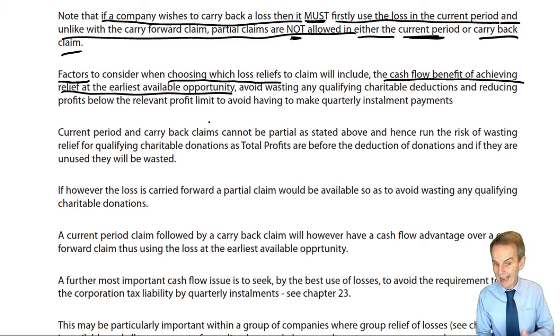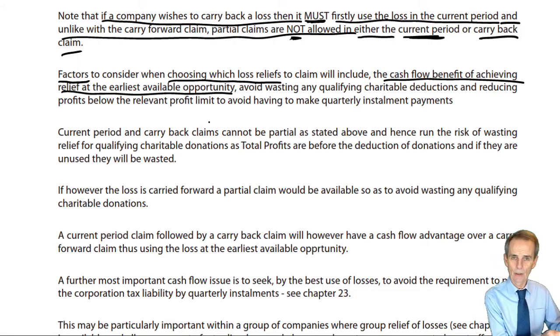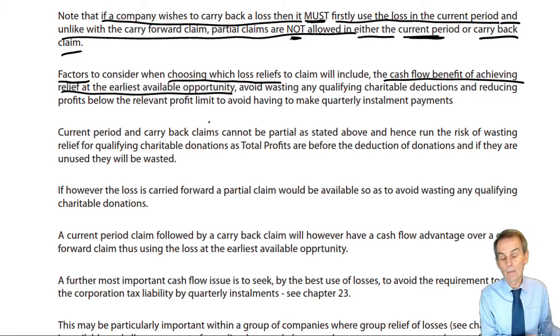Now, by now, we are clearly after the end of the current period, I called it, the loss-making period. But we will certainly by now have paid all of the corporation tax for the period prior to it. So when we carry back to the previous period, we reduce profits. The reduction in the profits reduces, or indeed potentially eliminates, all of that previous period profit and therefore tax charge.